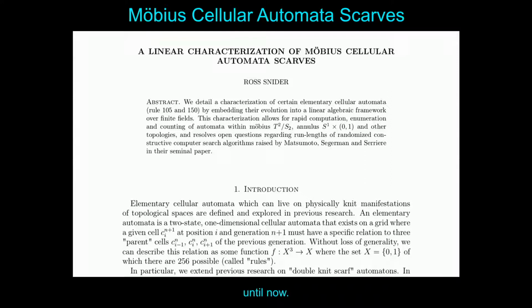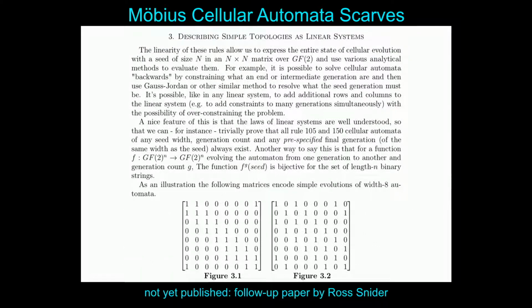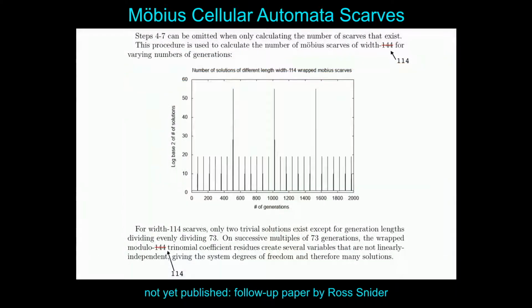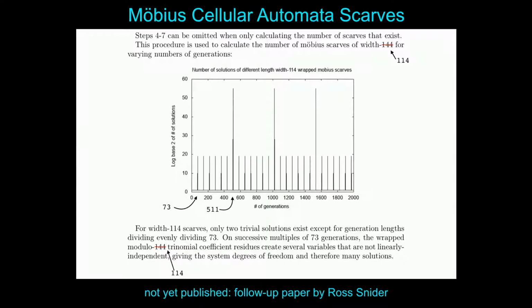This is an unpublished paper by Ross Snyder. He comes at it from a cryptographer's way, where he has used matrix mathematics to break down the problem, and he shows that we only found a teeny tiny part of the number of possibilities of the loops.